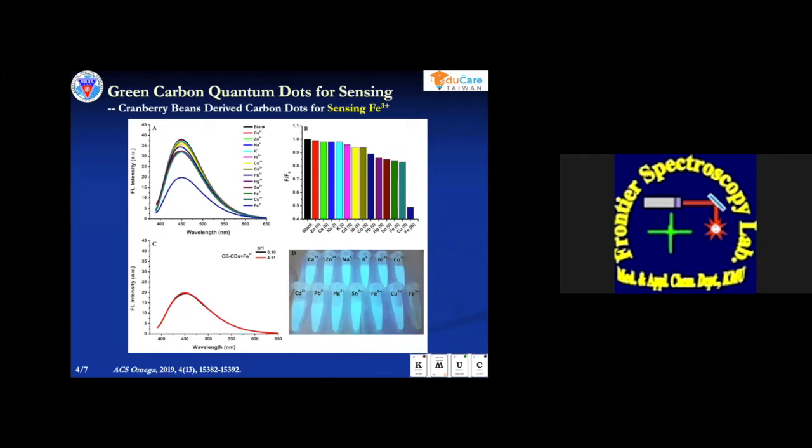Using the fluorescence property, as you can see in figure D here, in the presence of the ion, the fluorescence will be quenched. On the contrary, in the presence of other different metal ions, the fluorescence still remains. That's how we use the carbon quantum dot in chemical sensing.